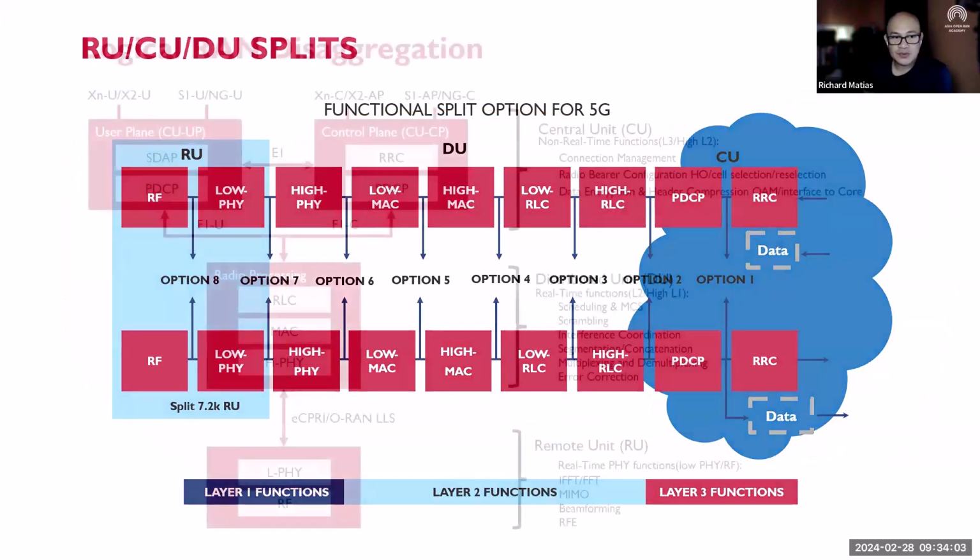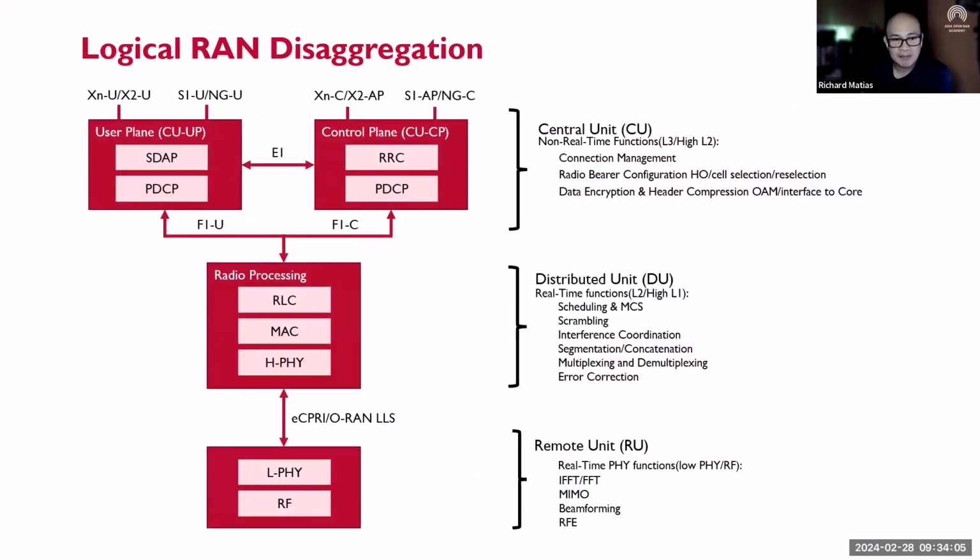Now, if you want to look more at what is happening inside each physical hardware and the corresponding logical units, it is like this. In the RU, the remote unit, this is where the real-time physical functions are happening.